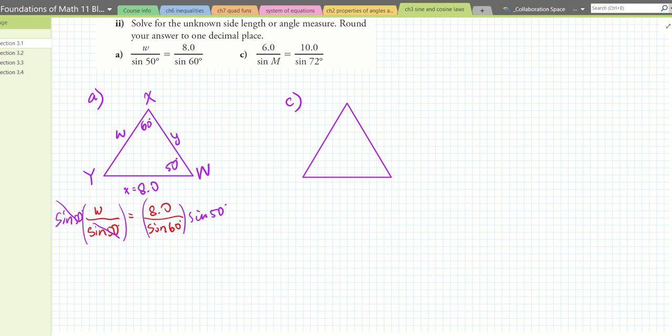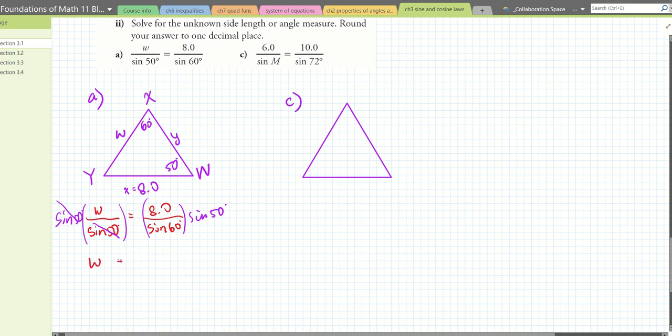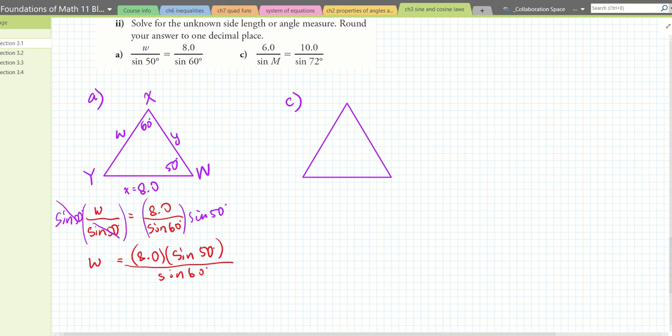So now you're left with W by itself. So now you have 8.0 times sine of 50 over sine of 60. So it's all about cross multiplication. So 8 times sine 50 is 6.128, and then divide this by sine of 60, and you get 7.1 if you round to 1 decimal.